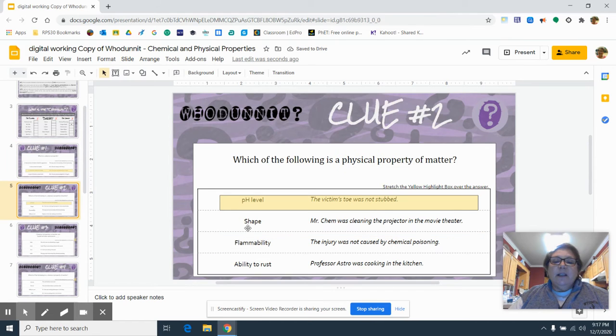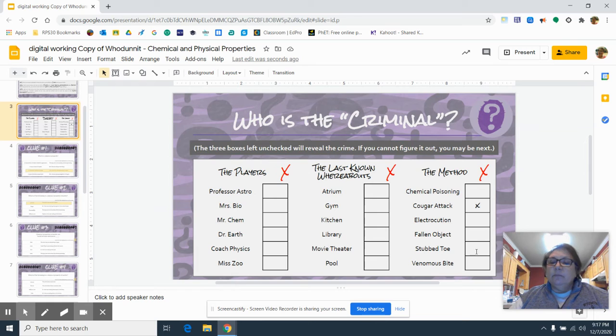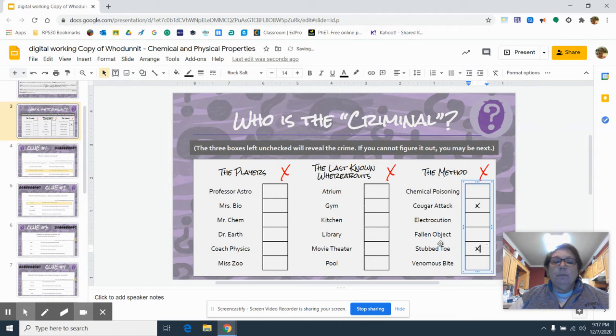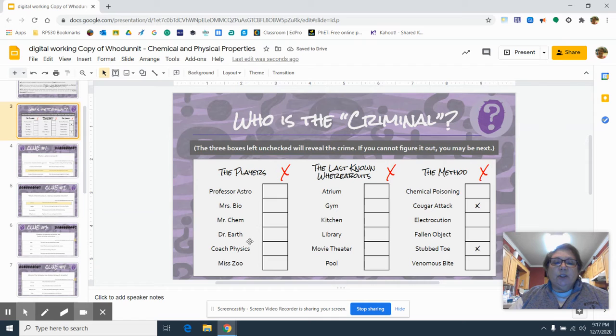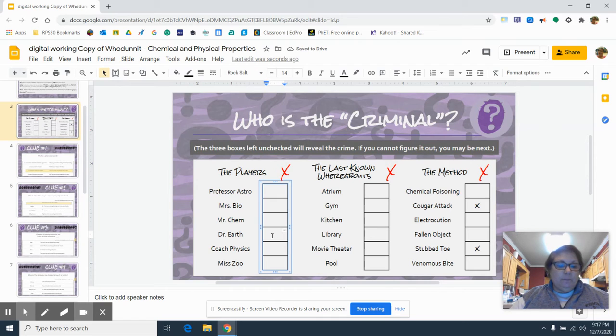Got it. This one, victim's toe was not stubbed. Stubbed toe. Boom. Go to the next one. Let's say it's Dr. Earth was waiting in the pool. So you go up here. Dr. Earth, he was in the pool. And you just go through there until you end up with one last answer.